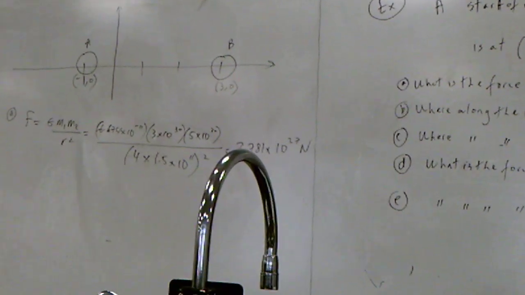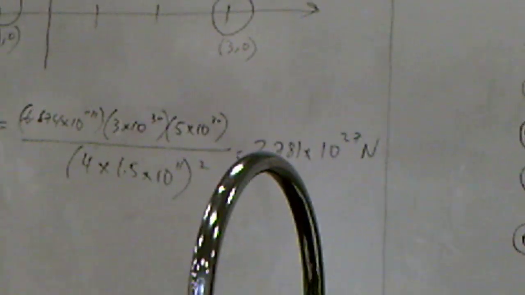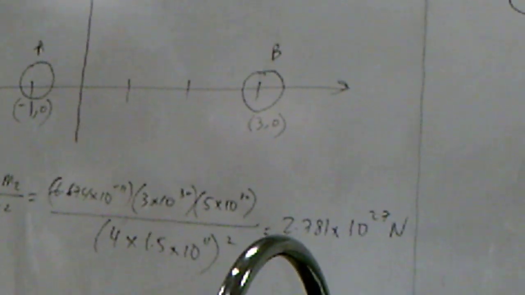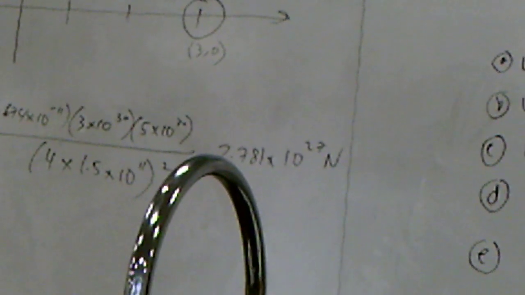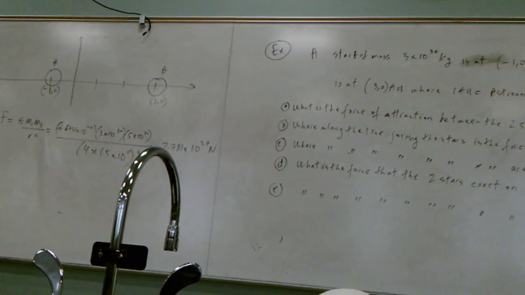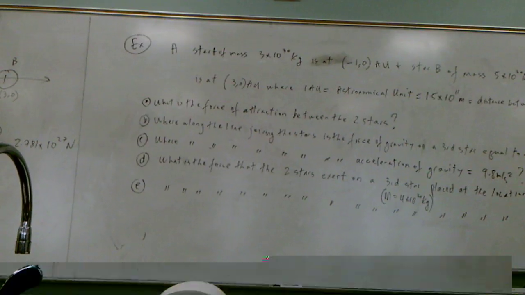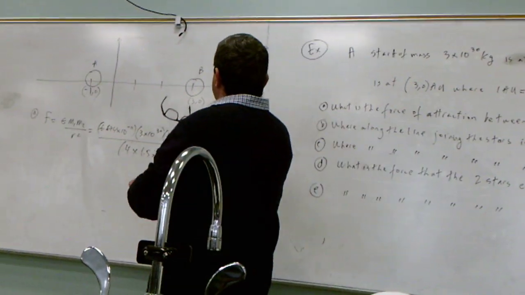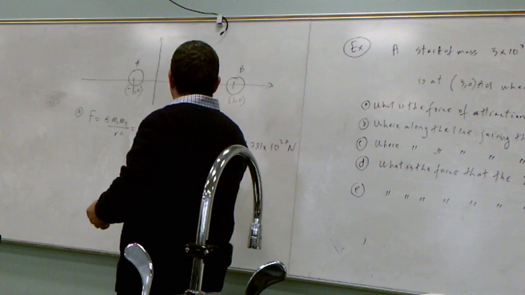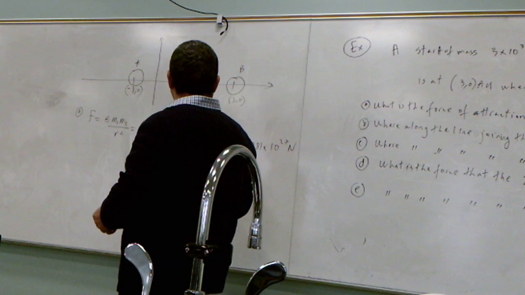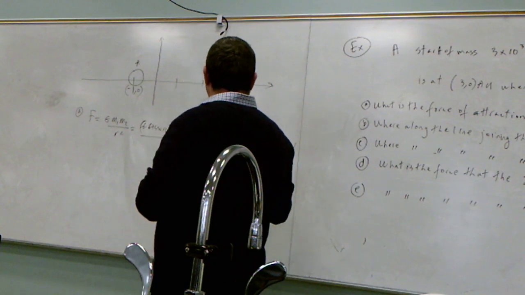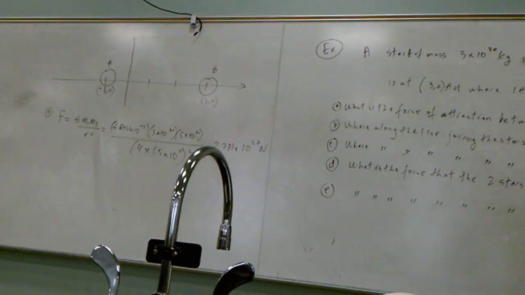Okay, questions? See how I got the 4 AU? The distance between them is 4 AU, but each AU is this many meters, and then you square that. You multiply the masses, and you multiply by the constant of gravity.